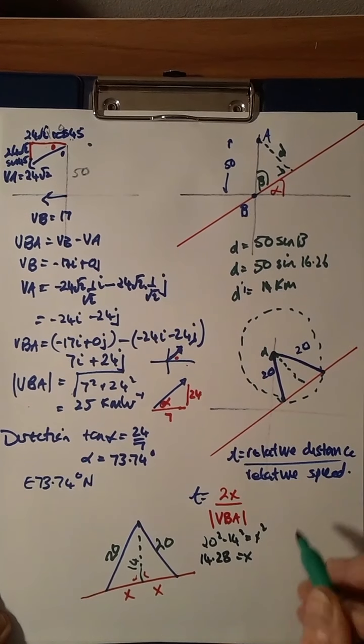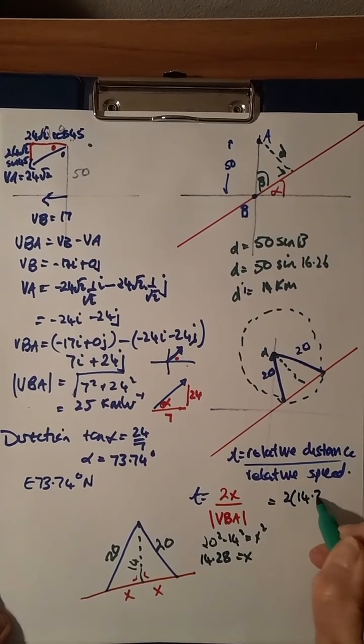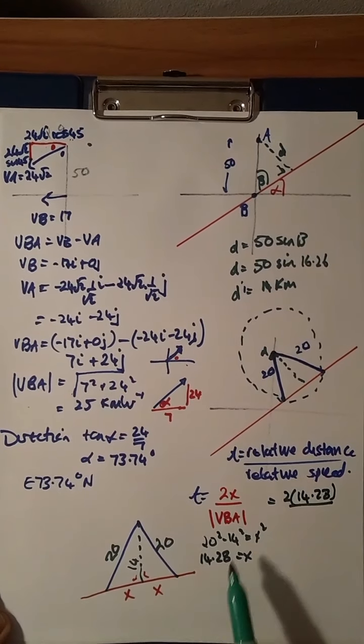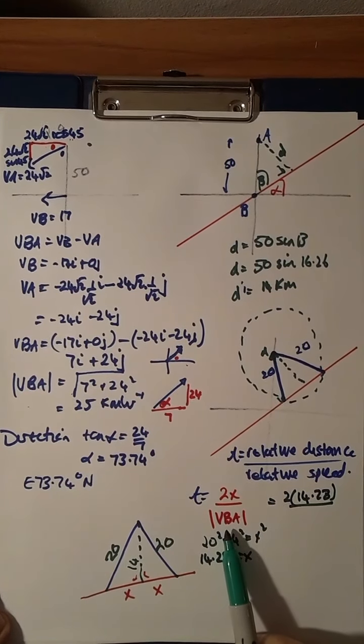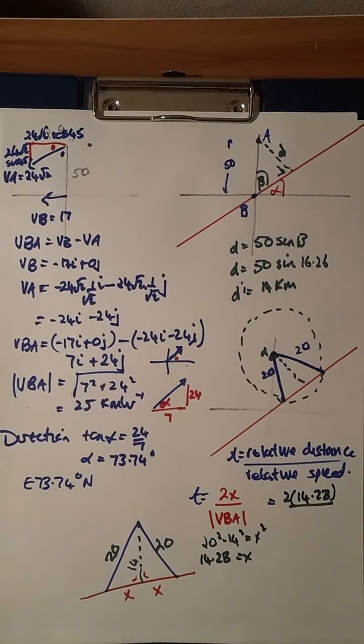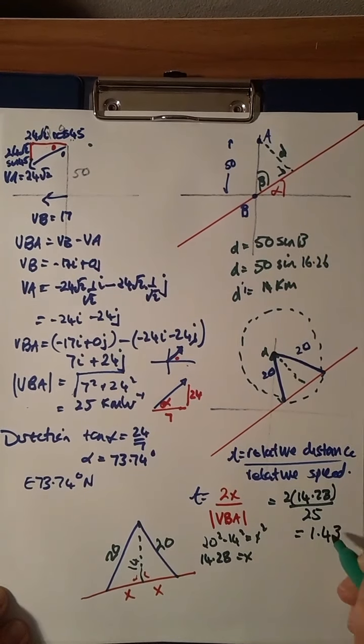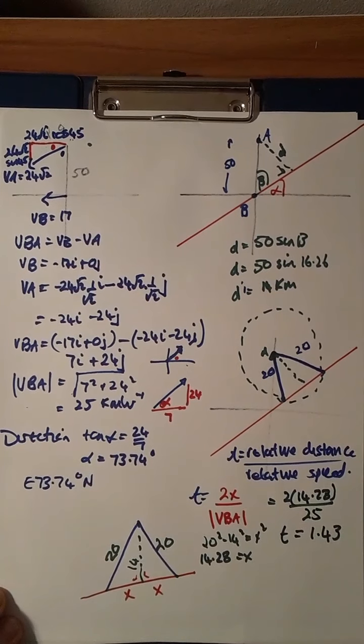And when I do that, this will become 2 times 14.28 divided by the magnitude of VBA, which I already have. Remember, I found that over here to be 25. So I'll divide that by 25. And when I do that, I get 1.43. So my time is 1.43.